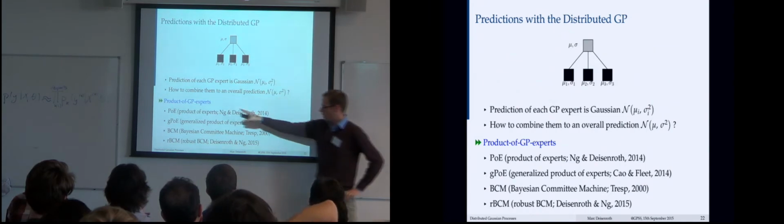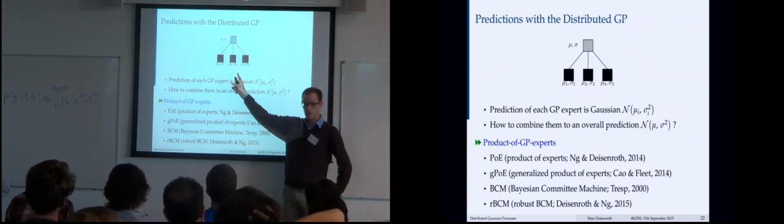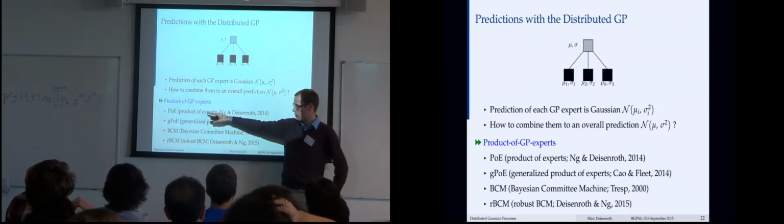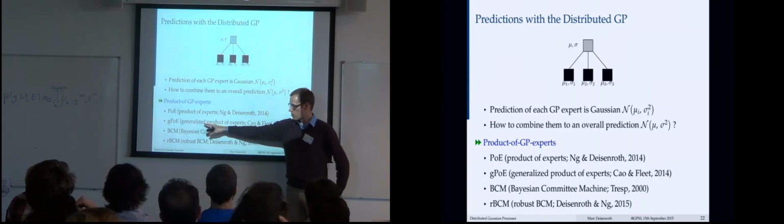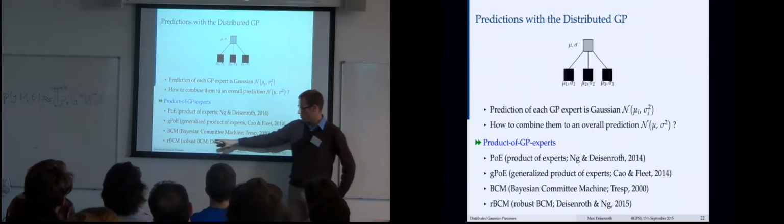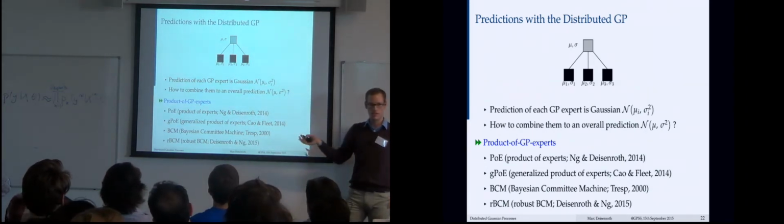I'm going to discuss 4 models for doing these kinds of combinations of individual predictions: the product of experts model, a generalized product of experts model, the Bayesian committee machine, and the robust Bayesian committee machine. I'm going to go through all of these models in more or less detail.